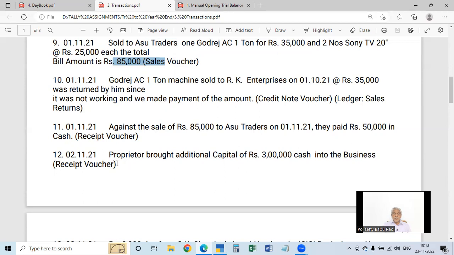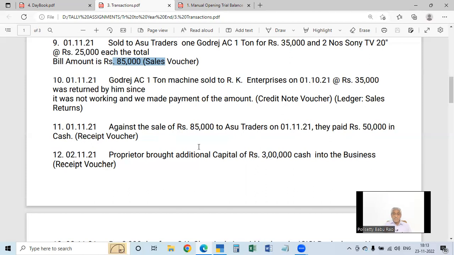It will ask you, a window will come, the bill-wise details window, adjustment and bill-wise details for so and so. In that case, when you are making the payment or receipt, we have to select against reference.